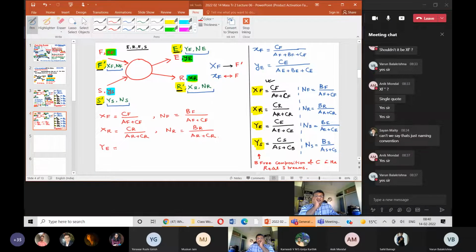Similarly, for extract, the X and Y convention remains exactly the same. I don't want to revisit it. A in E plus C in E, and NE is going to be B in E divided by A in E plus C in E, and YS is going to be C in S divided by A in S plus C in S, and NS is equal to B in S divided by AS plus CS.